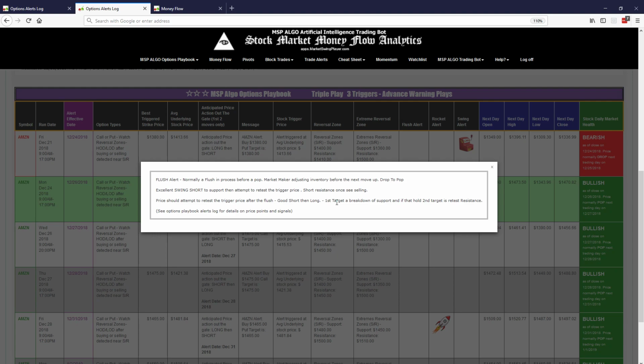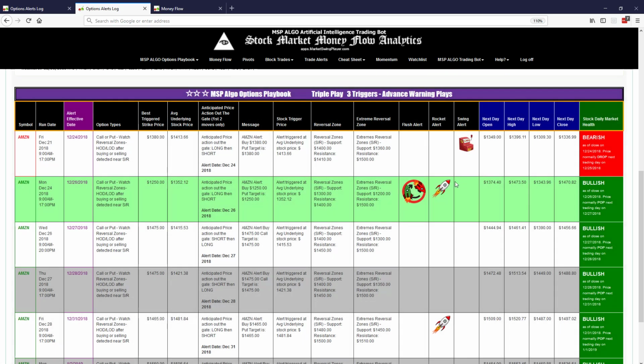So the first target is normally a breakdown of support, and normally if that holds, then it'll retest our resistance. So the difference between a flush and when price is just pulling back is that it's a little bit more extreme. Normally it'll break many support levels and just go through them.